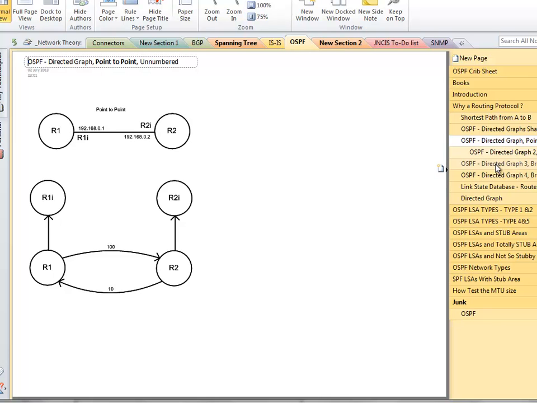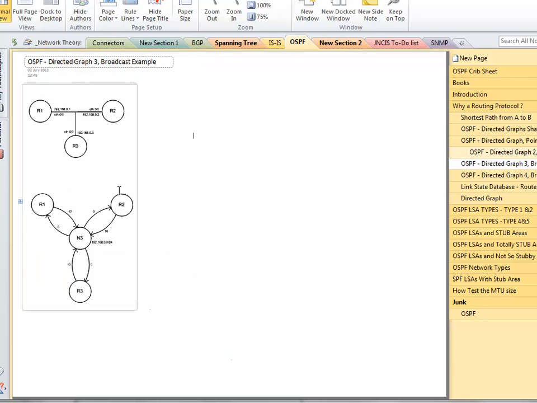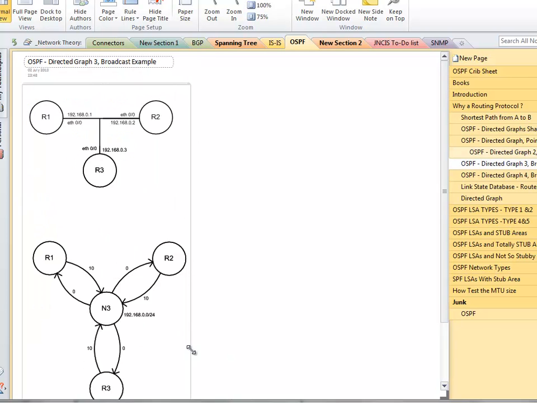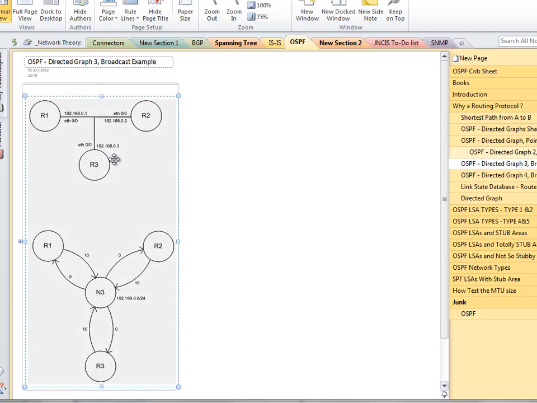Now, remember I said that Dijkstra's algorithm can't really deal with multi-access networks. So where we have a shared network, like the example I gave before, Dijkstra's algorithm has to break this down into a new node or a new thing that the algorithm can consider, and in effect makes this a set of different point-to-point links.